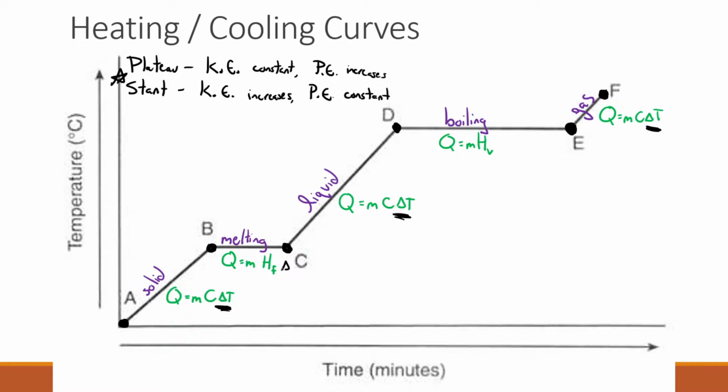If you tried to put delta T into one of our plateaus, it would equal 0, making the whole thing equal to 0 every time, no matter what. And so delta T is only going to occur when we're heating up or cooling down a solid, a liquid, or a gas. When you're doing a phase change, there is no change in temperature.